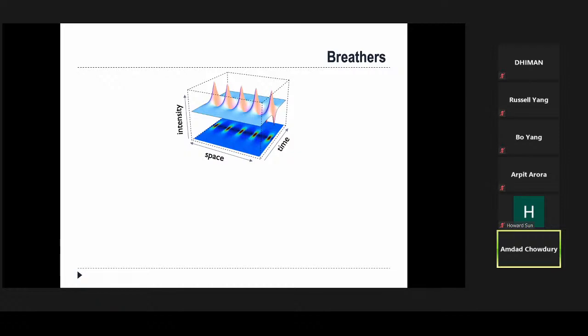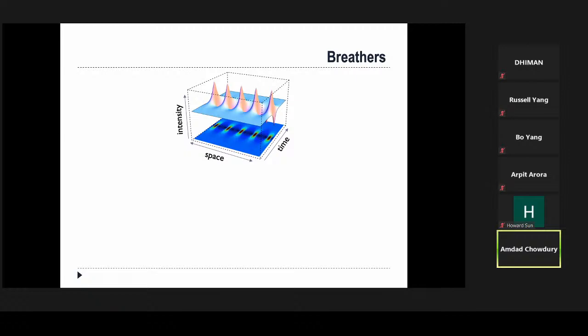So now these are the breathers. This is a different type of wave, but it is a solution of the same equation, the nonlinear Schrodinger equation, though it's a bit different. As you can see, it is a periodic structure, and it develops on a constant background in optics or hydrodynamics. This kind of wave can also be found in hydrodynamics.